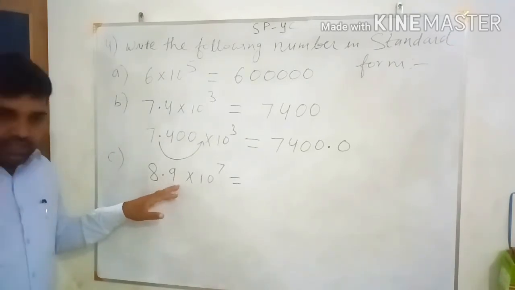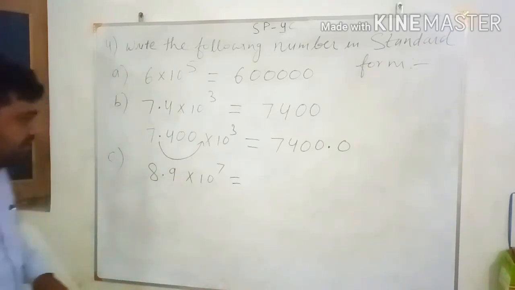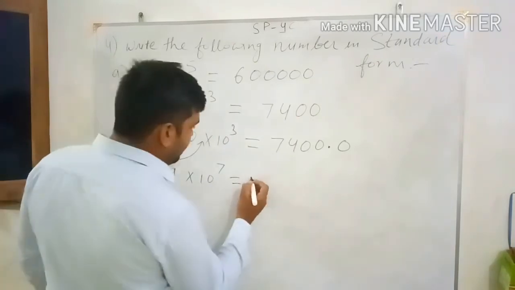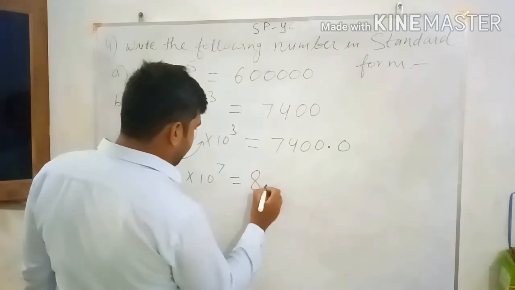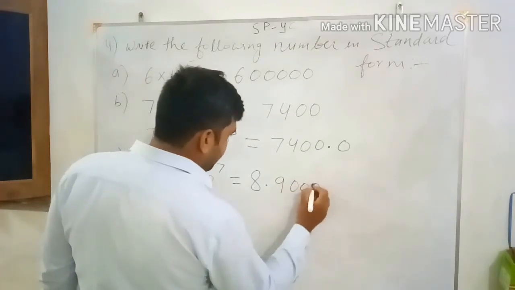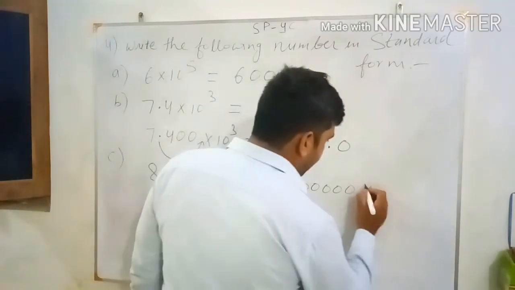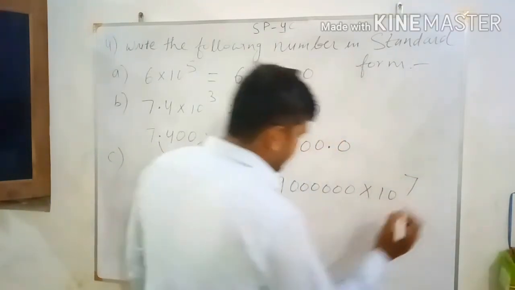So add 6 digits more, because here we require 7 digits after the decimal. So you can write 8.9 and after it 6 zeros added. Now see, there are 7 digits, multiplied by 10 to the power 7.